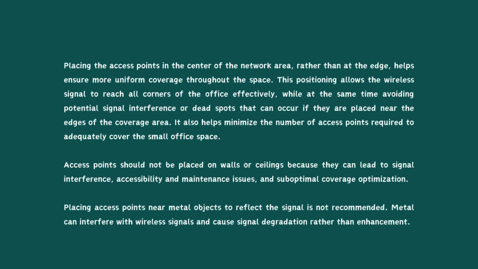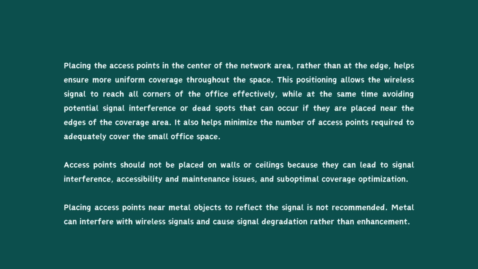Placing the access points in the center of the network area, rather than at the edge, helps ensure more uniform coverage throughout the space. This positioning allows the wireless signal to reach all corners of the office effectively, while avoiding potential signal interference or dead spots that can occur if they are placed near the edges of the coverage area.